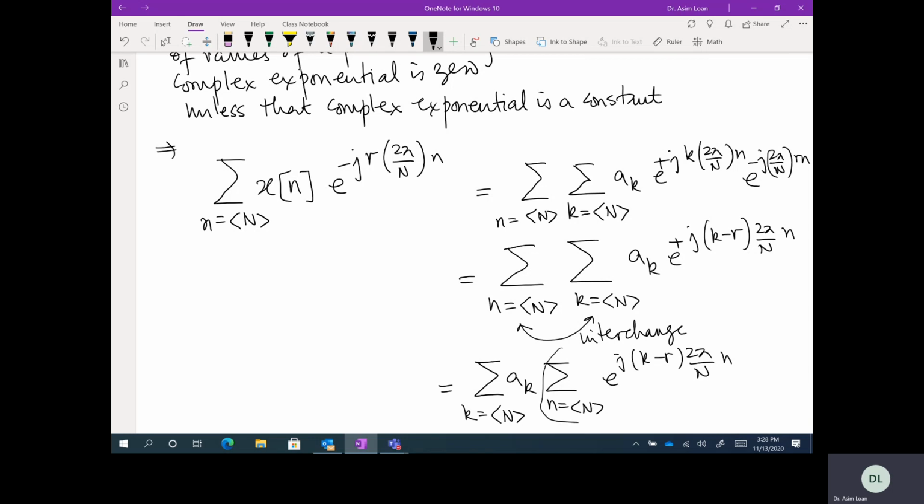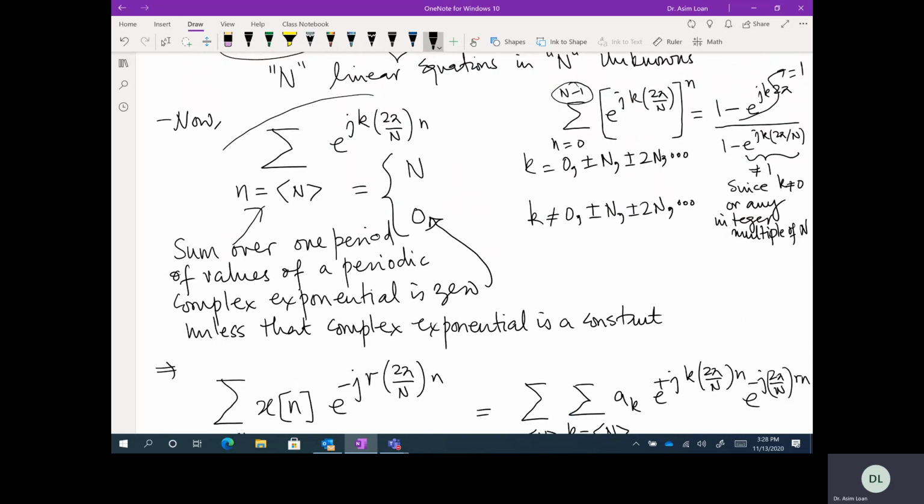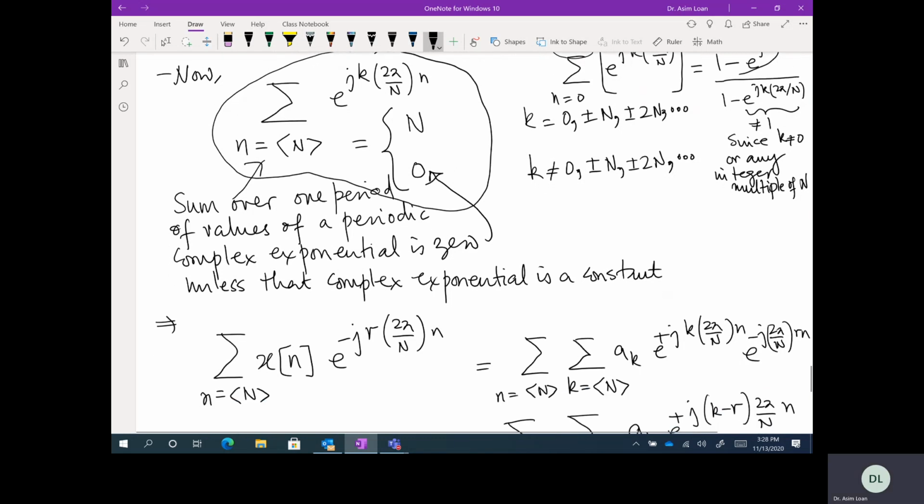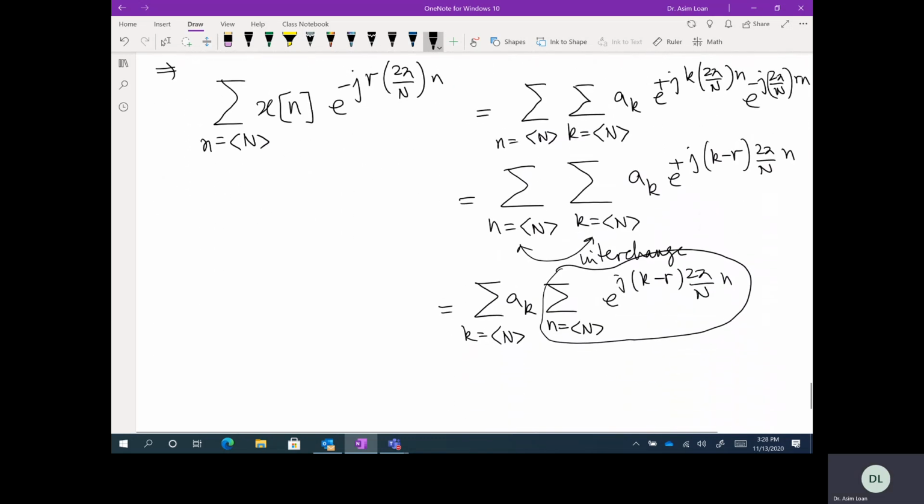This thing is exactly the same as this thing.